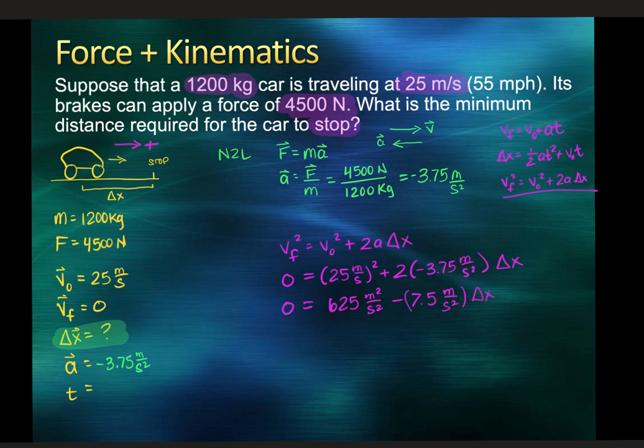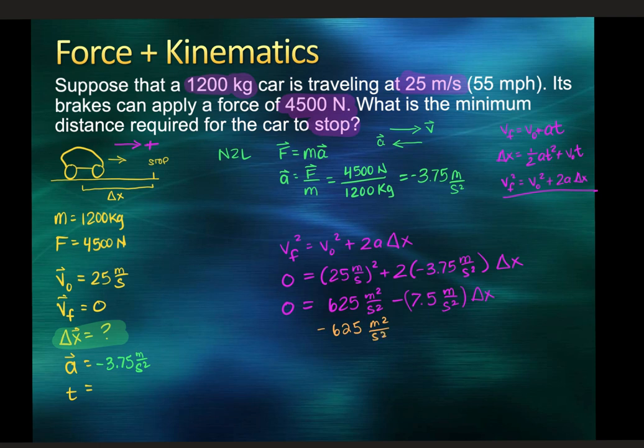And so I am going to pull over and subtract. I'm going to subtract 625 meters squared per second squared from both sides.